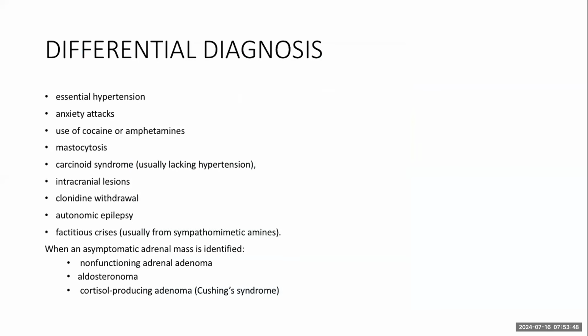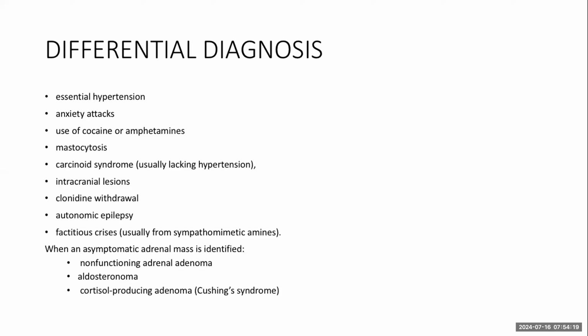So the differential diagnosis include essential hypertension, anxiety attacks, use of cocaine or amphetamines, mastocytosis, carcinoid syndrome, intracranial lesions, which can present with features of raised ICP, clonidine withdrawal, autonomic epilepsy, and factitious causes, which can be from sympathomimetic amines.